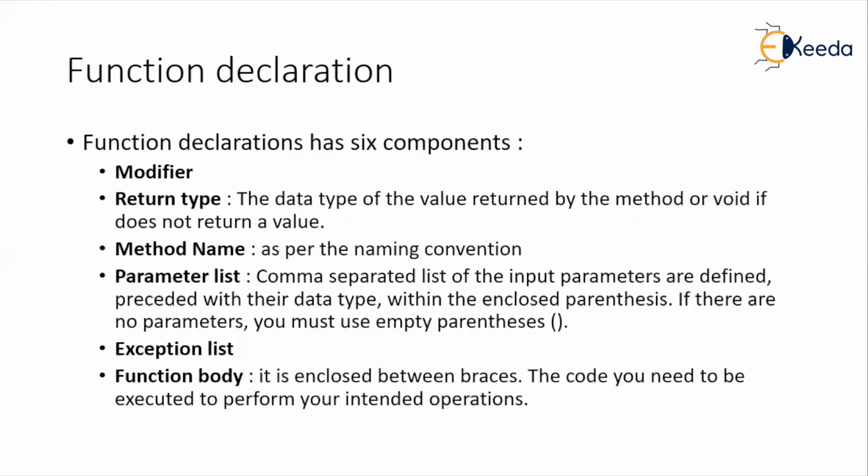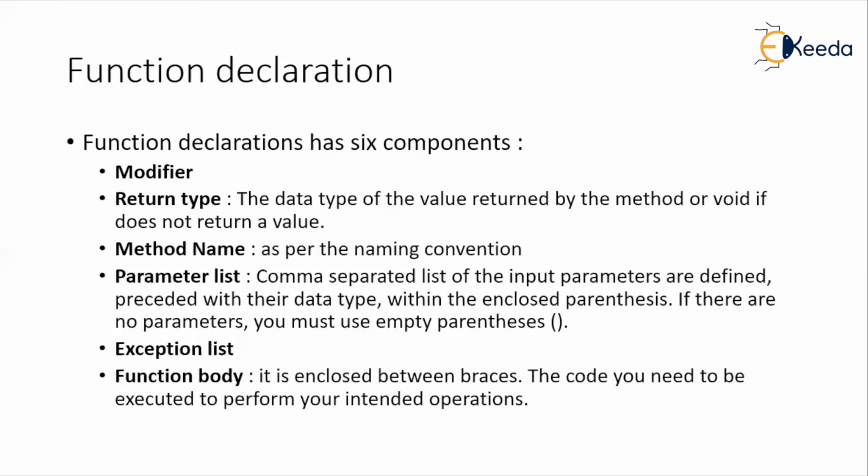Method name, that is the name of the method with which we are going to give call to that particular method for execution, and method name will be specified as per the naming convention. Then the parameter list. Now a function can have 0 or more parameters which will be specified in parentheses.